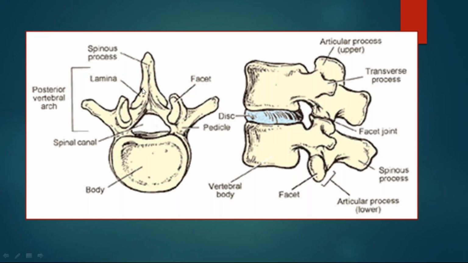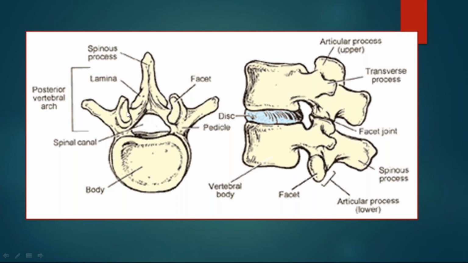So just a brief discussion on the anatomy of the vertebra. As you can see in the first picture, this is the body of the vertebra, and from the body we can see the process which arises on the pedicle, and the continuation of the pedicle is the lamina. The process which is posterior is the spinous process, and these are the transverse processes.